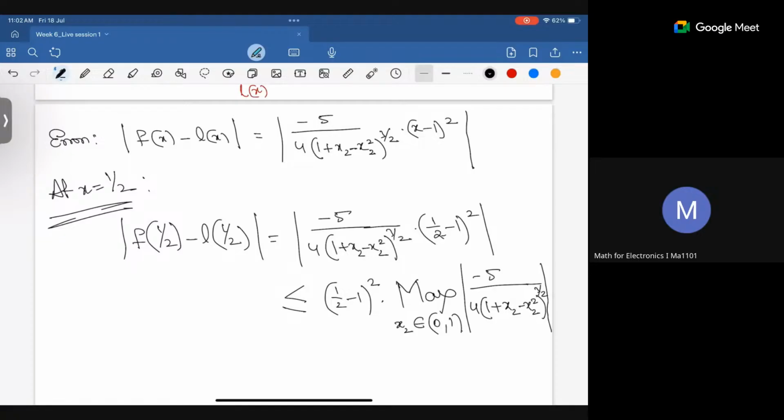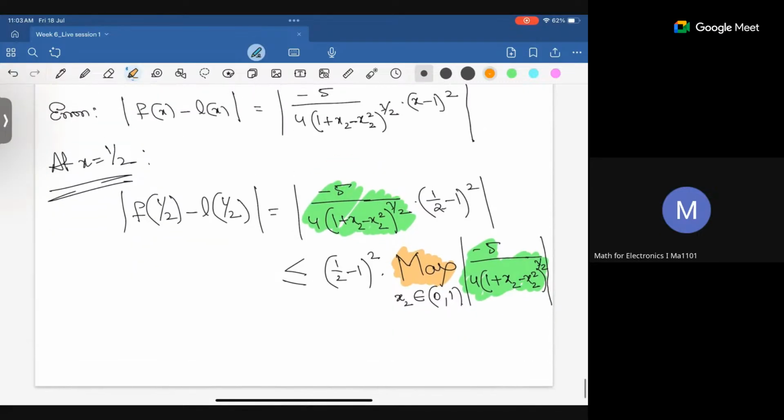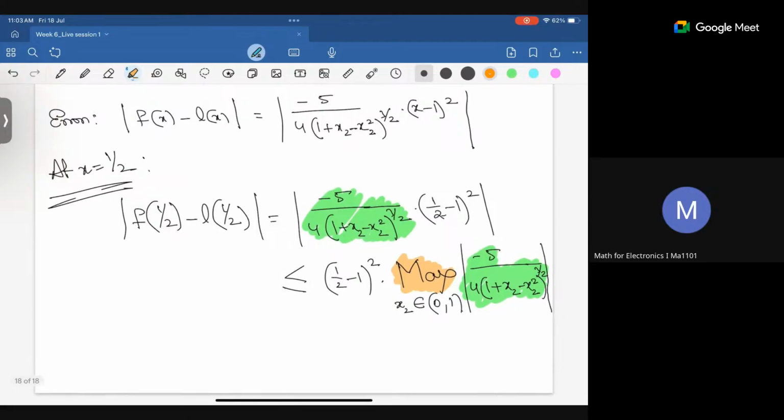So I have to come up with some x2 such that this value becomes maximum, and that will be the maximum possible error. So now our goal is to find the maximum value of this function. For which x2 will this function become maximum? If you look at the function, it is minus 5 by 4 into 1 plus x2 minus x2 square whole power 3 by 2.